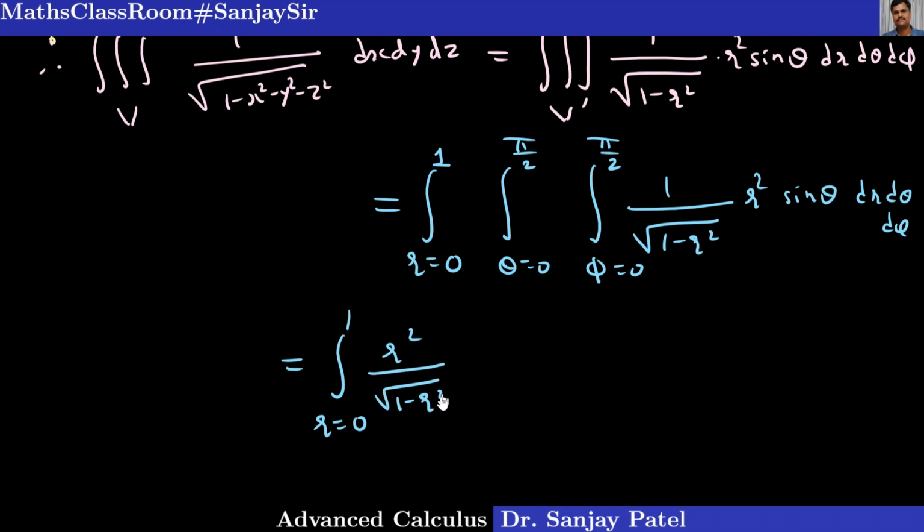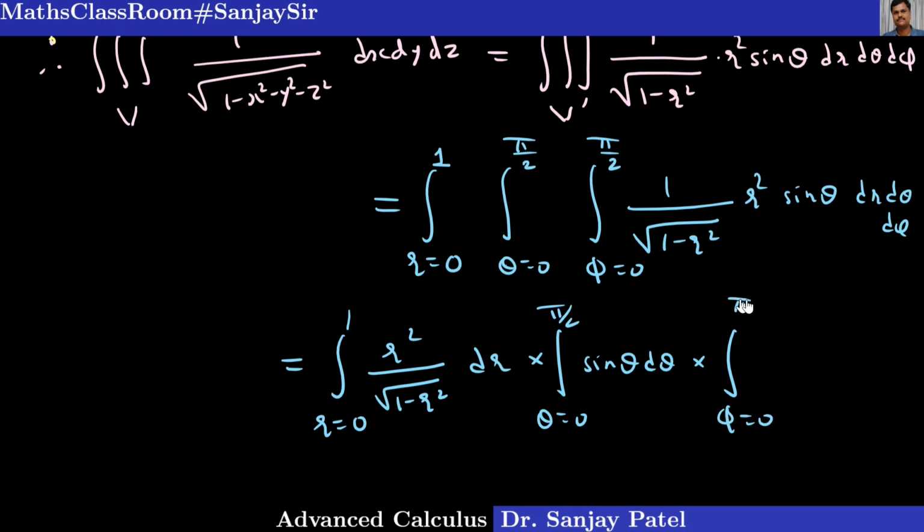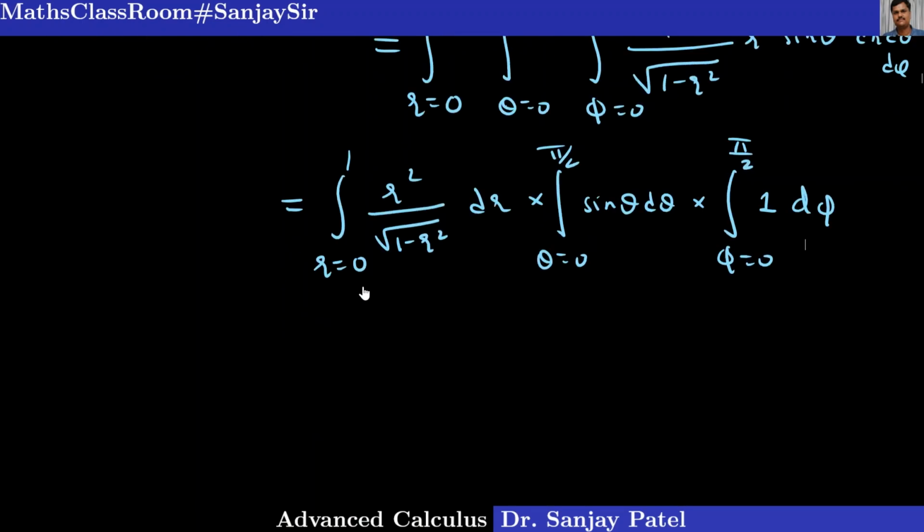So I can rewrite it as the integral of r square over square root of 1 minus r square dr, into the integral theta equal to 0 to pi by 2 of sine theta d theta, into the integral phi equal to 0 to pi by 2 of 1 d phi, since there is no term in phi. It's a matter of computing these three integrals, which is very simple.